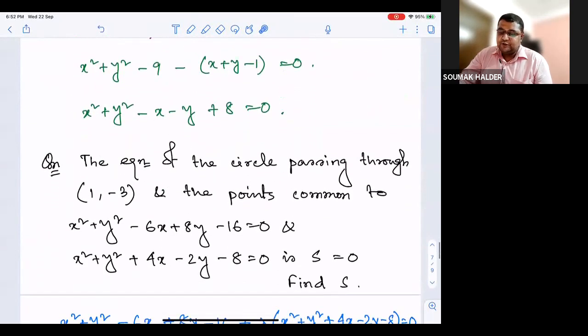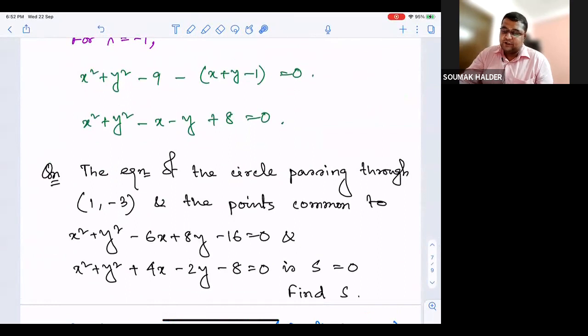Now in the next question, the equation of the circle passing through 1, -3 and the points common to x square plus y square minus 6x plus 8y minus 16 is equal to 0 and x square plus y square plus 4x minus 2y minus 8 is equal to 0 is given as S is equal to 0.